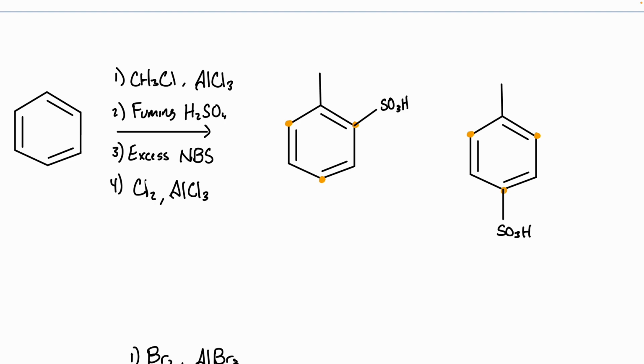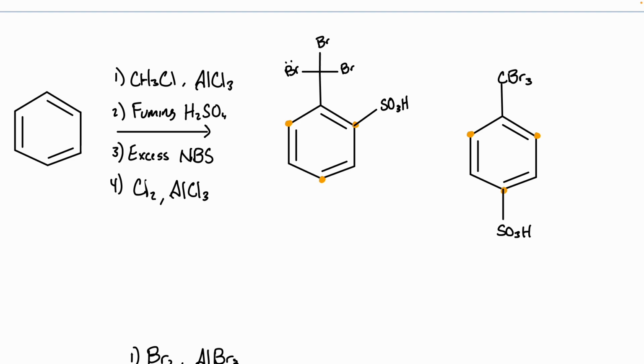And this third reaction is using an excess of NBS, which is one of our benzylic position reactions. That will brominate a benzylic carbon. So my toluene here is going to go from being a CH3 to a CBr3. If you wanted to write that CBr3, I'm cool with that as well.